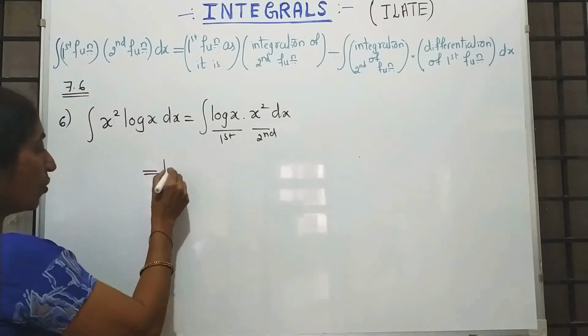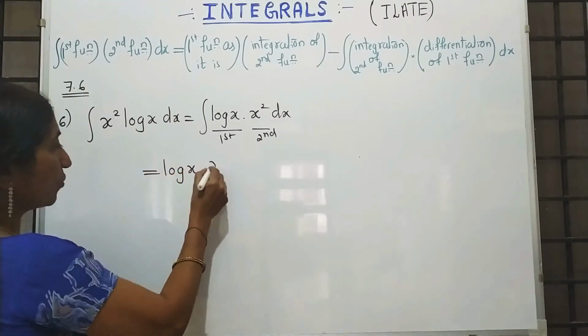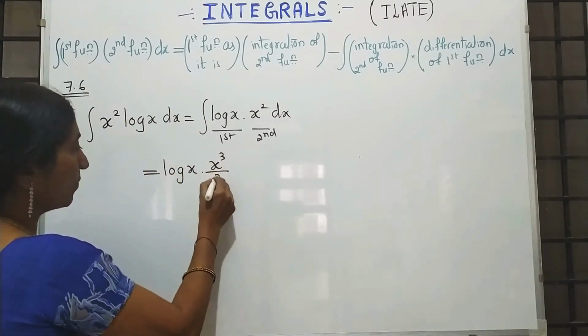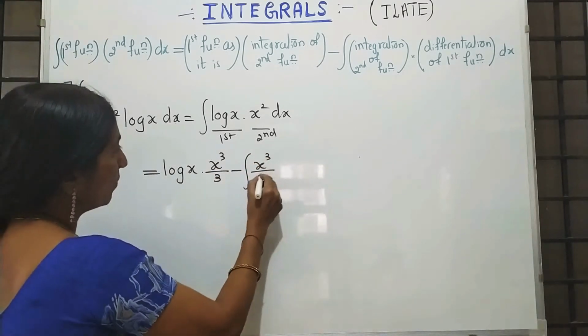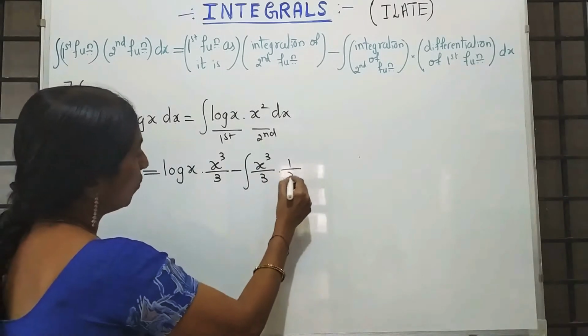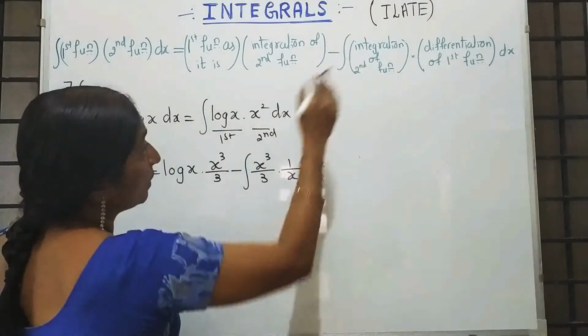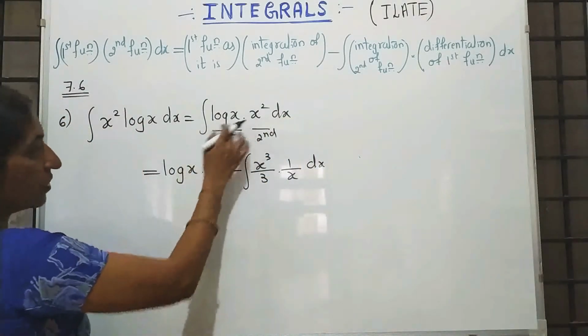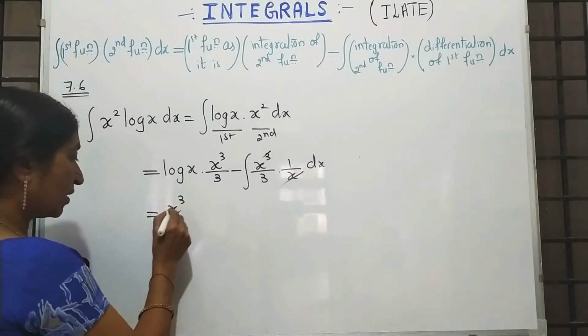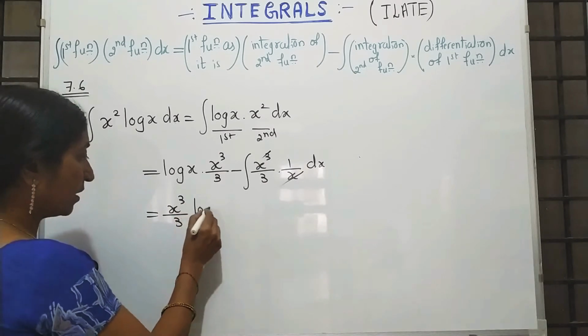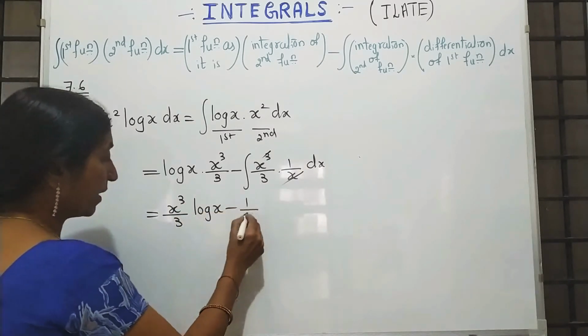First function log x as it is, integration of x square is x cube upon 3, minus x cube upon 3, differentiation of log x is 1 by x, differentiation of the first function. The first function is log x. 1 by x is cancelled with this. So it is x cube upon 3 log x, minus 1 by 3 constant.